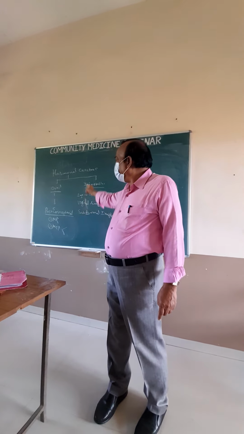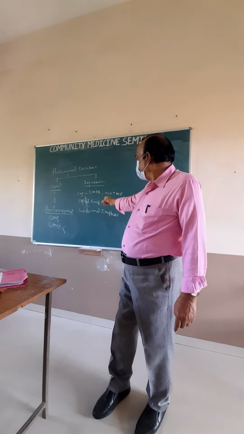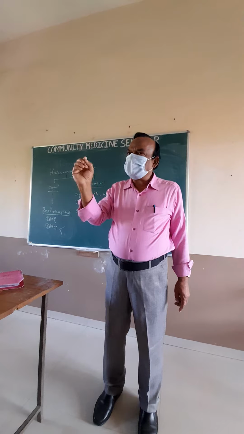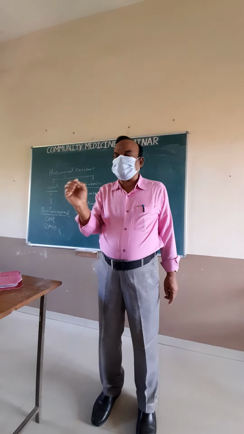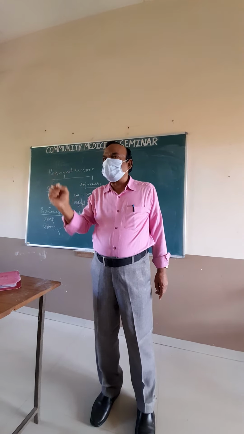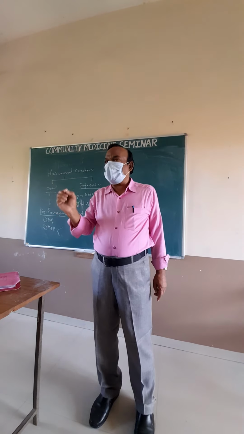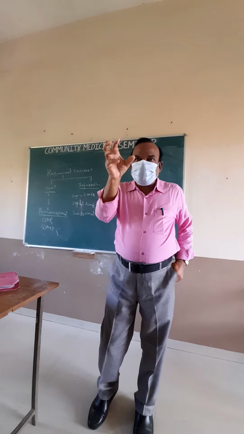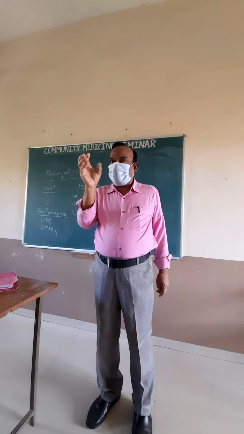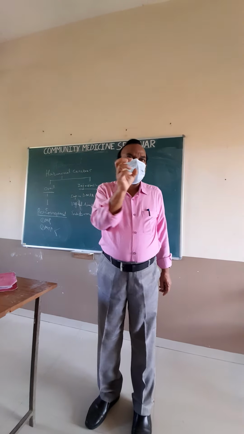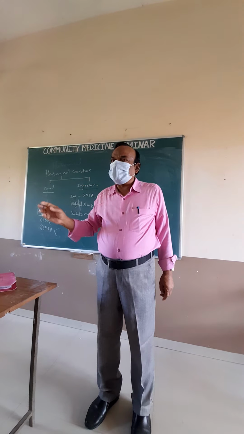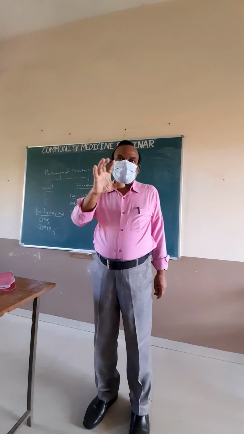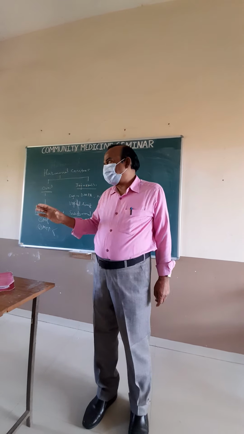Another simple hormonal method is vaginal rings. These are rubber rings which are kept in the vagina, containing 35 milligram of norethisterone, and they are absorbed through the vaginal mucosa gradually and release the hormone slowly, and the female is unable to conceive.